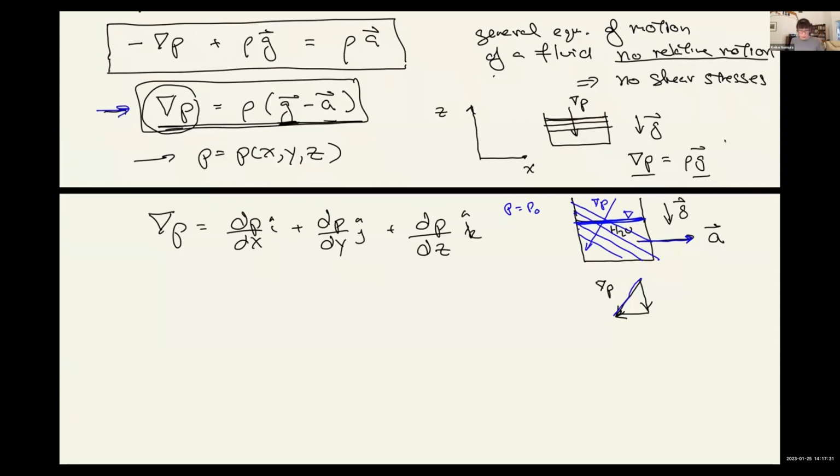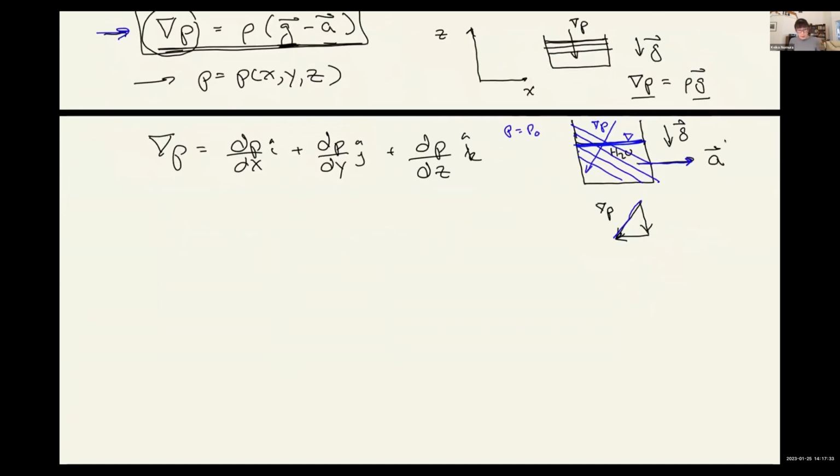And then to do an analysis, there's the classic example of if you have some quantity of fluid, say a liquid, and it's undergoing free fall. So this is an example.